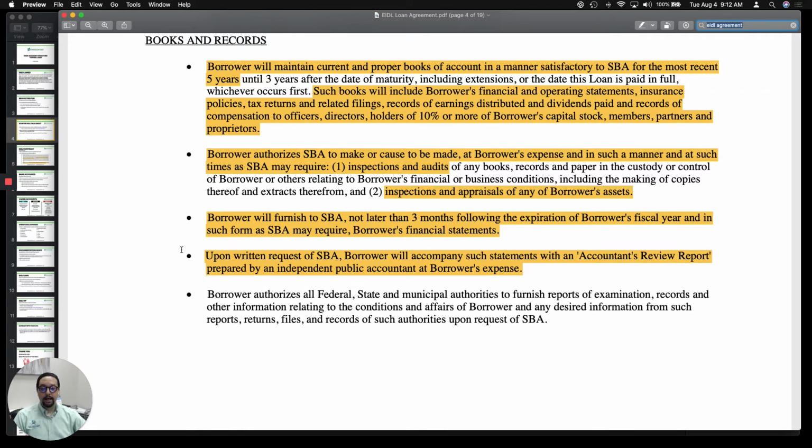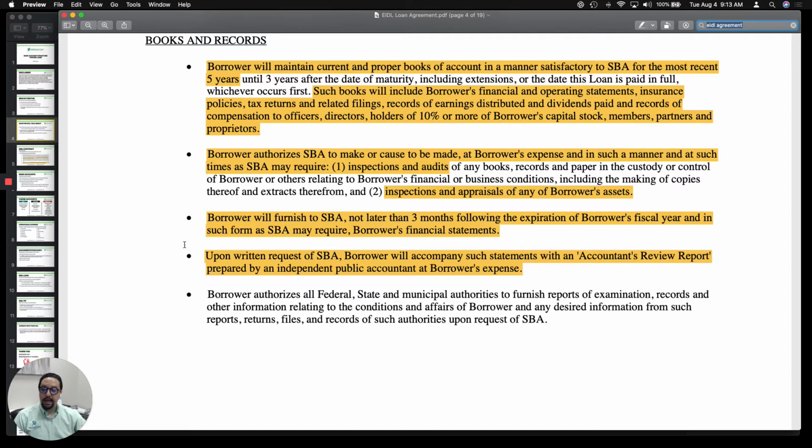Now, according to these two sentences, we feel what this says is that by the end of the 3rd month of the end of your fiscal year, which for most businesses is the month of March. So we have called the SBA several times asking them, is the SBA going to ask for financials every March of every year?